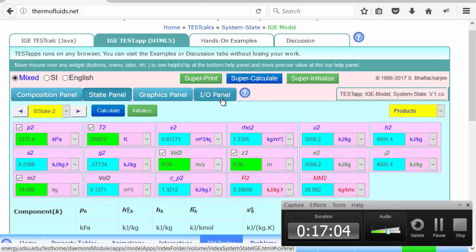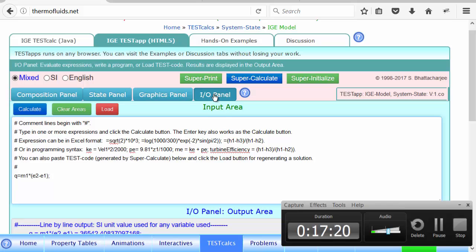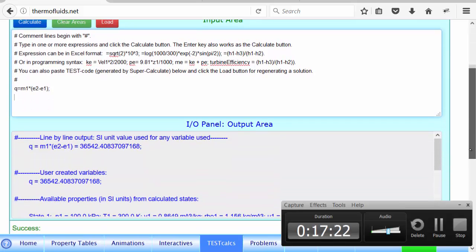Now that we know the volume, in the IO panel we can figure out what the heat transfer is. Q equals M1 times the change in internal energy. This formula doesn't change because mass hasn't changed, but these energies now reflect the new mixture. Notice it's considerably different, 36.54.